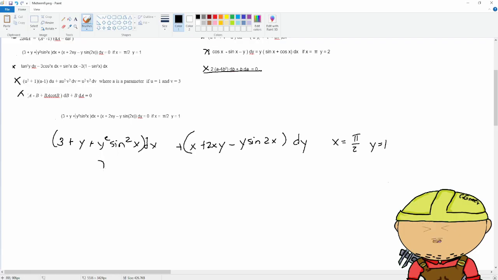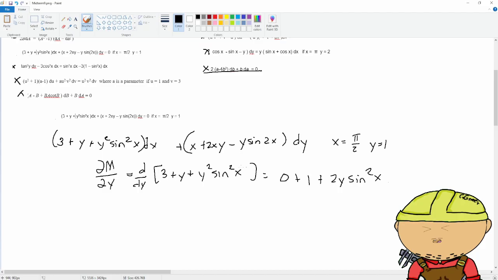Right, so let's do an exact test. With respect to y, d over dy of 3 plus y plus y squared sine squared x is 0 plus 1 plus 2y sine squared x, because the differential of 3 is 0 and the differential of y is 1.